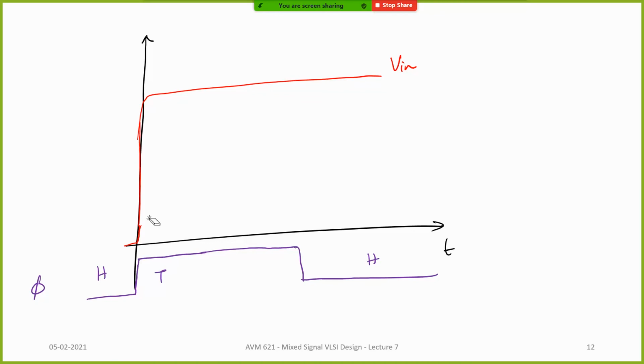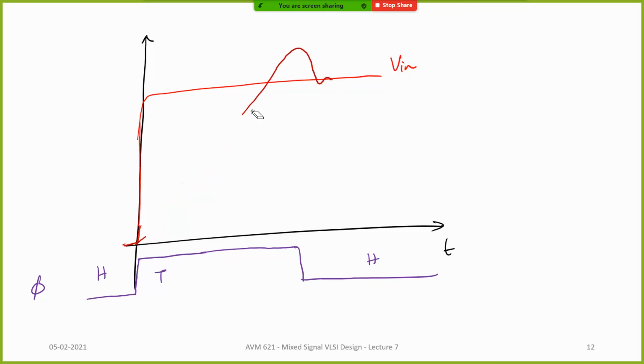So what will happen? For a large step, your op amp will start slewing, right? So what will happen is, basically you'll first have a slewed response, and then op amp slewing will happen. Then because the op amp will have multiple poles and zeros, there will be a little bit of overshoot and ringing.